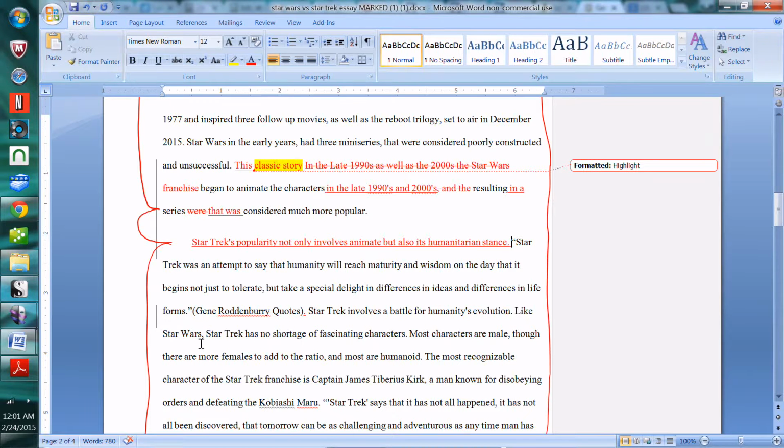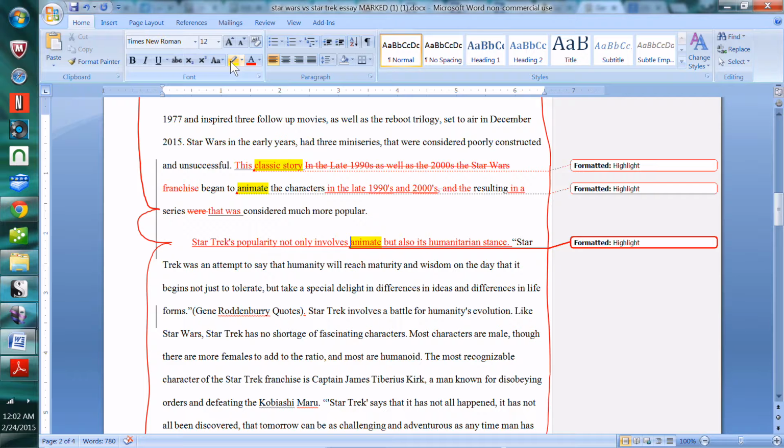Star Trek was an attempt to say that humanity, and so I can use the words animate, which I have, and I'm assuming Star Trek has animation. I mean, I've seen it, and we used popular, and hopefully that helps it flow a little bit into the next paragraph.